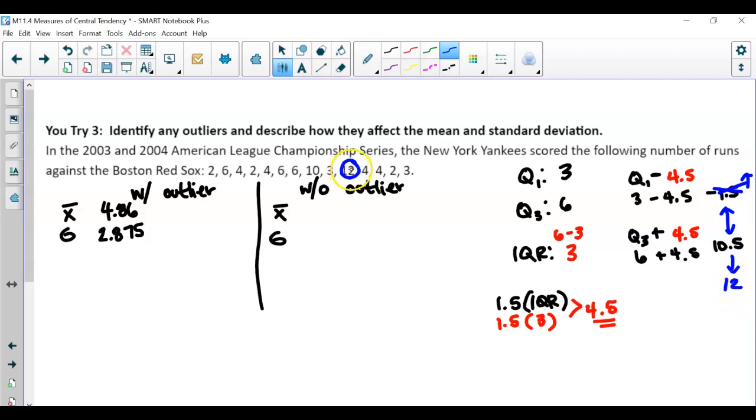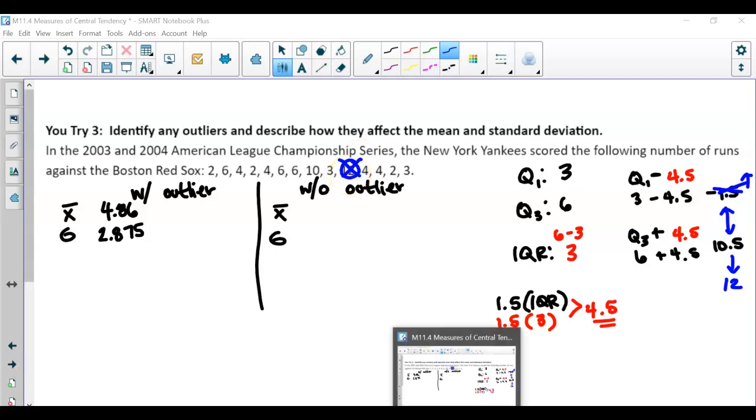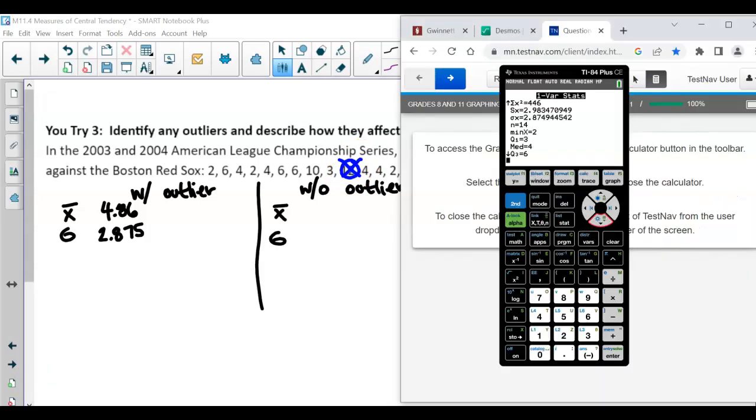So now when you did the without, take out the 12 and see what is the information now without the outlier. And so now here, making sure you go back to the list, so stat and edit, and just delete the outlier. Now we go back and recalculate. So arrow over to calculate, enter, and here we go.